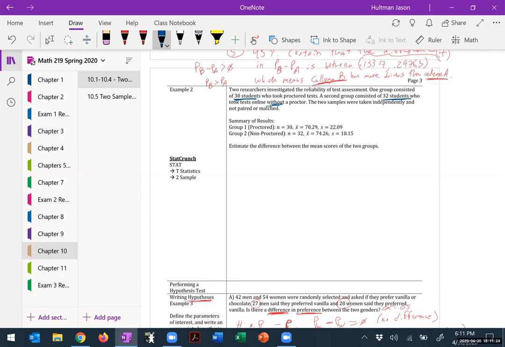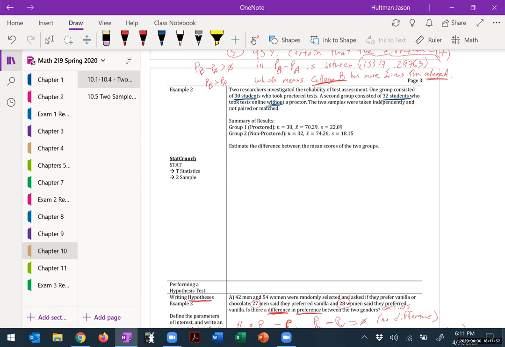The 2 samples were taken independently and not paired or matched. They're not paired, they're not matched. There's one group of 30. They were all proctored, meaning that they were overseen, looked over by an instructor.